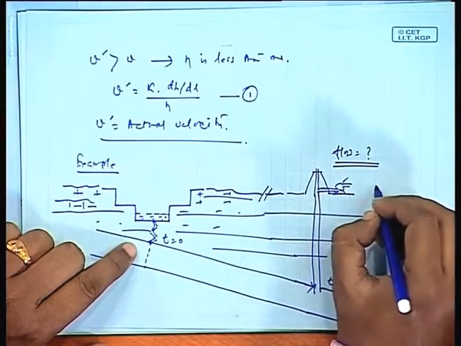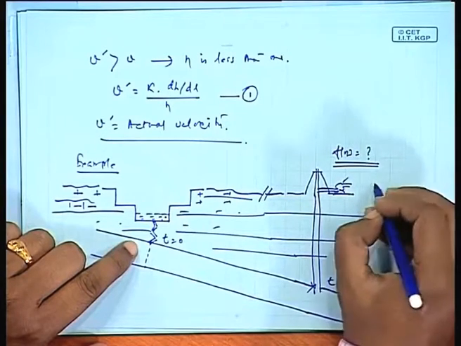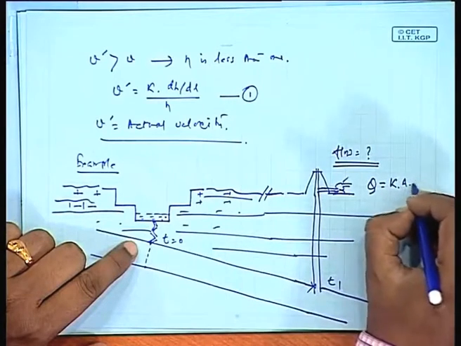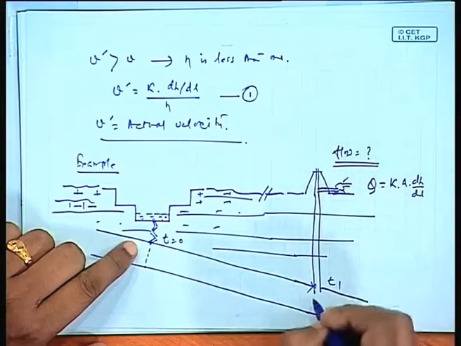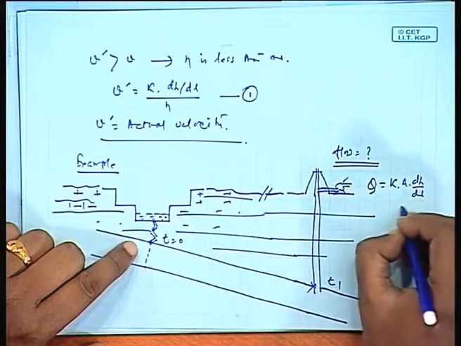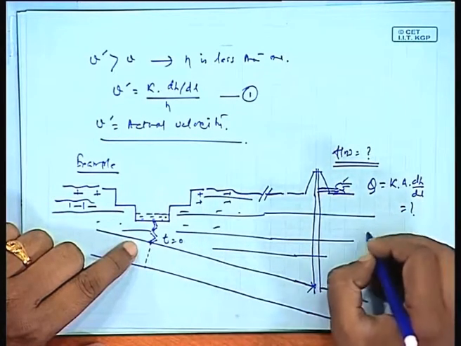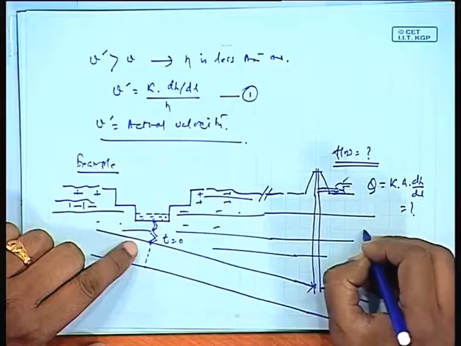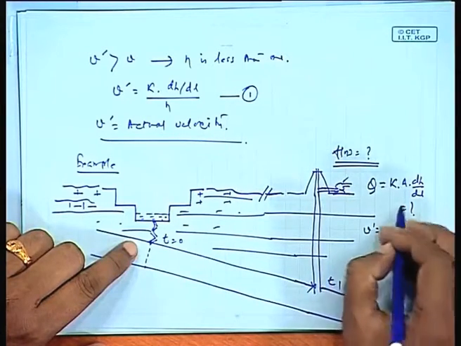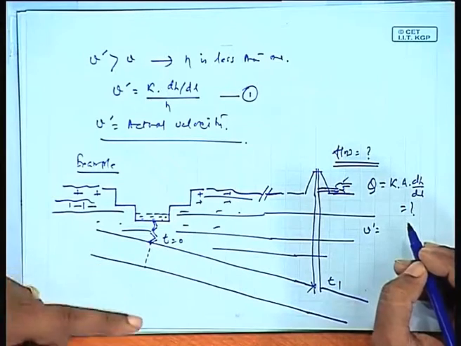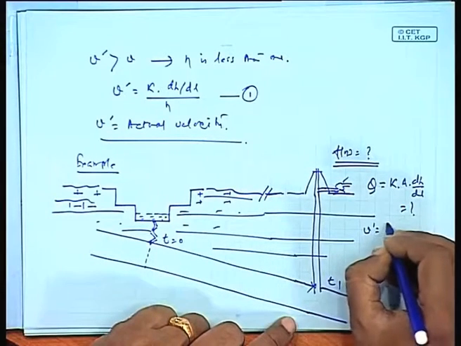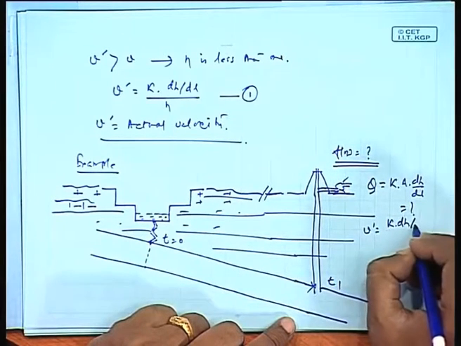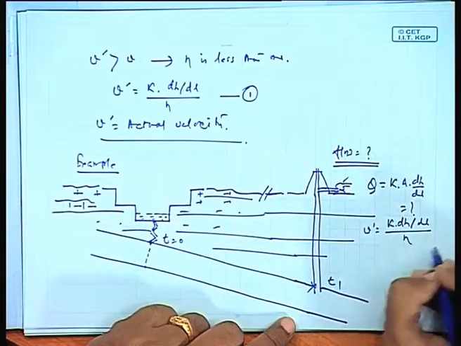The flow can be measured, as I have said, as K into A into dH by dL. From this flow we can find out the actual velocity, which would be K dH by dL divided by porosity.